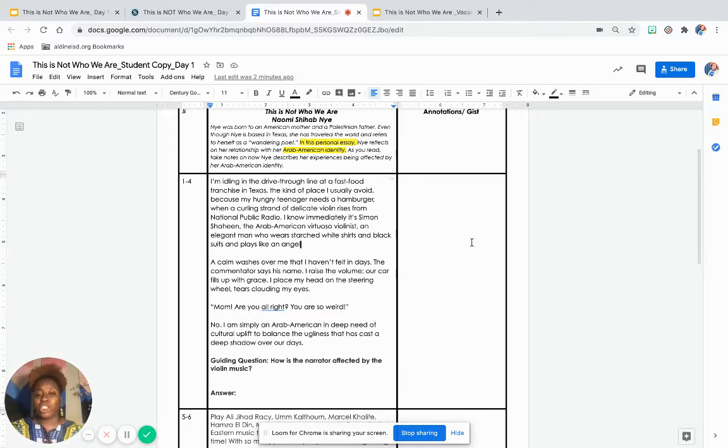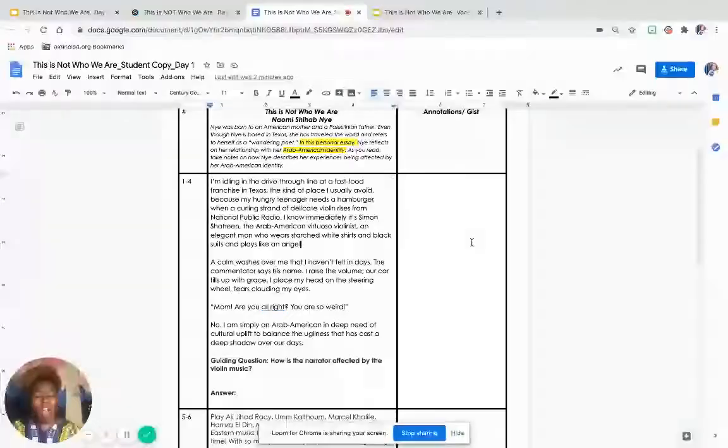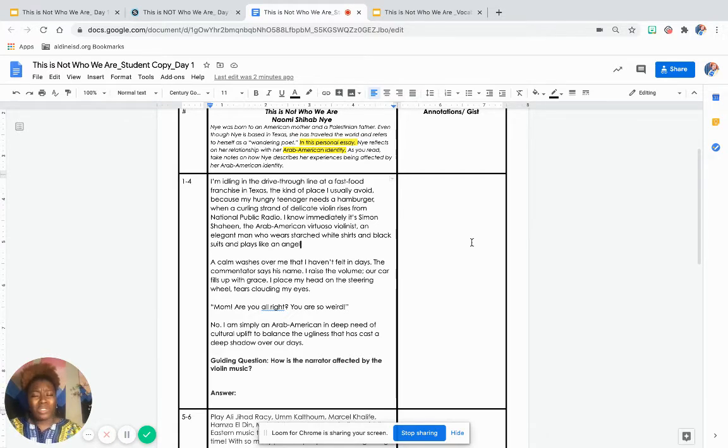A calm washes over me that I haven't felt in days. The commentator says his name. I raise the volume. Our car fills up with grace. I place my head on the steering wheel, tears clouding my eyes. Mom, are you all right? You are so weird. No, I am simply an Arab American in deep need of cultural uplift to balance the ugliness that has cast a deep shadow over our days.